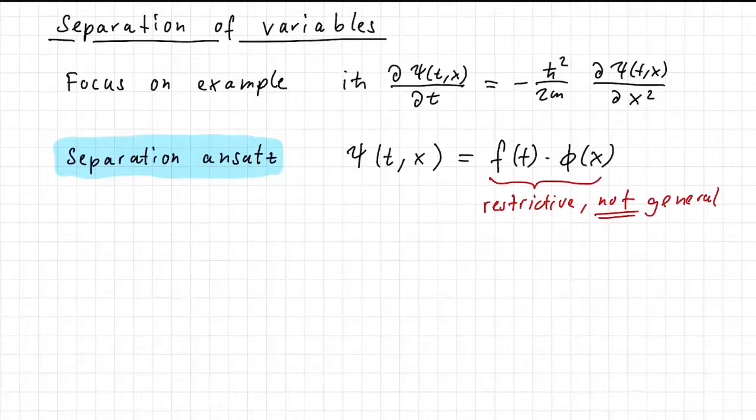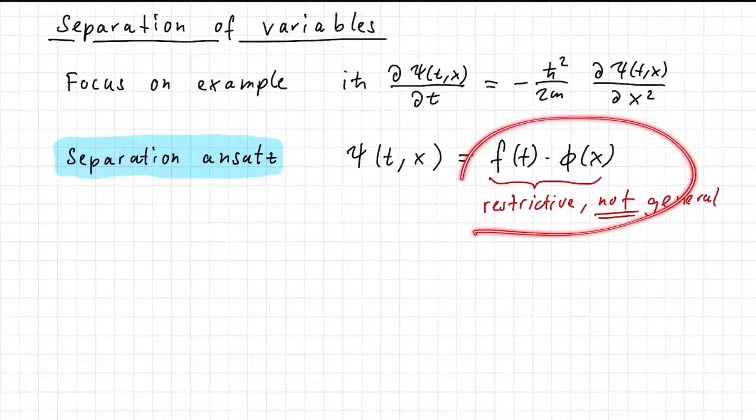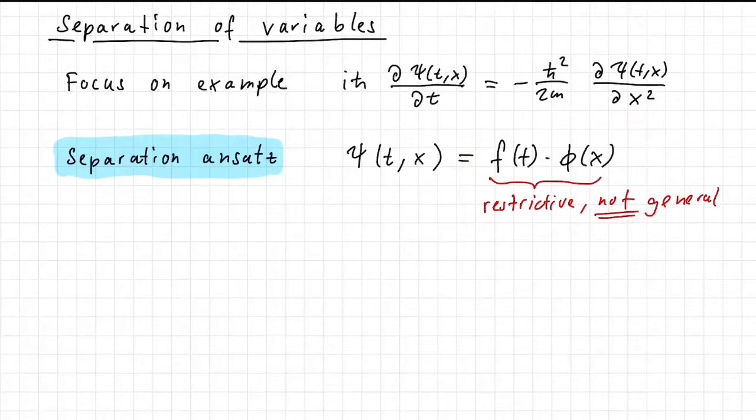In the last video of the unit, I will explain how we can go from this very specific restrictive ansatz to the general solution. But let's focus now on this particular ansatz. We need to plug this ansatz into the equation.